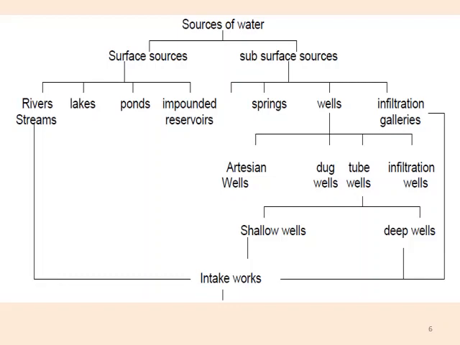Surface sources is further divided into rivers or streams, lakes, ponds, impounding reservoirs, etc. Subsurface sources further categorized as spring, well, infiltration galleries, etc. So from all the sources we have to first collect the required amount of water, and the civil engineering structure which we need for collection and withdrawal of the water is named as intake works.